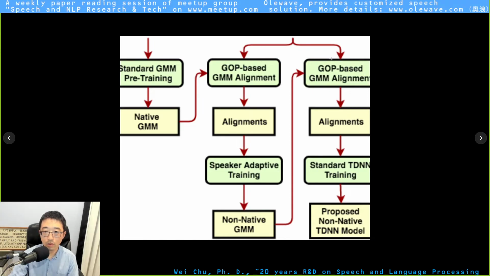You see, when the GMM alignment twice, GOP-based alignment twice, my thought is there is a difference between accent and the mispronunciations. You see, I have accent, but I pronounced most of my words correctly.